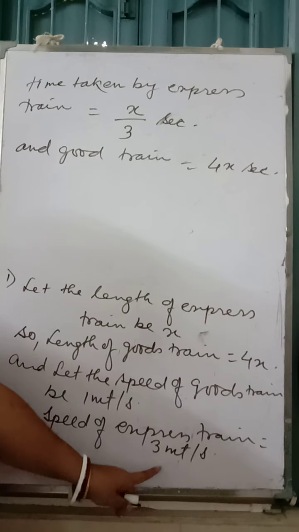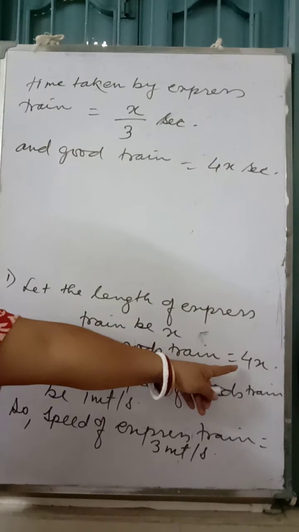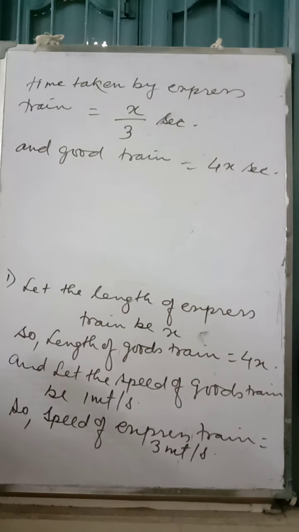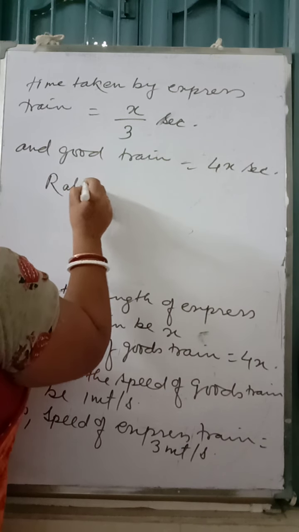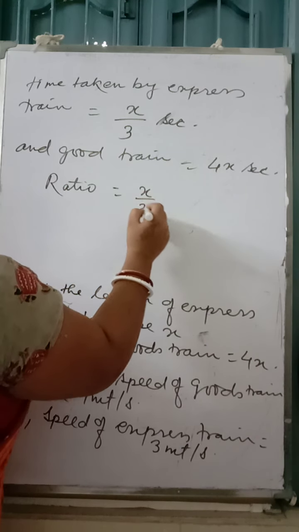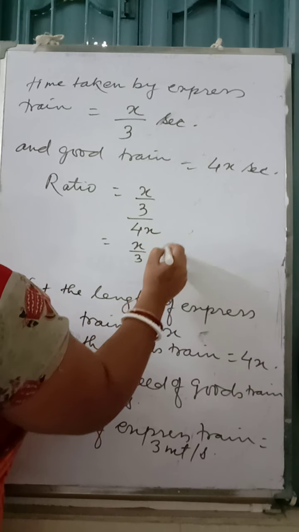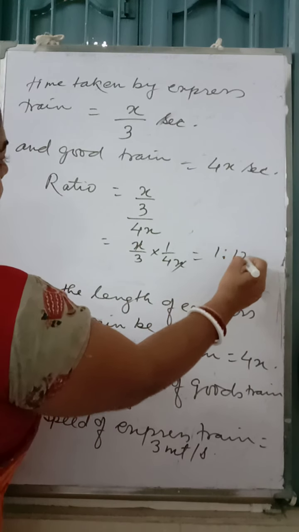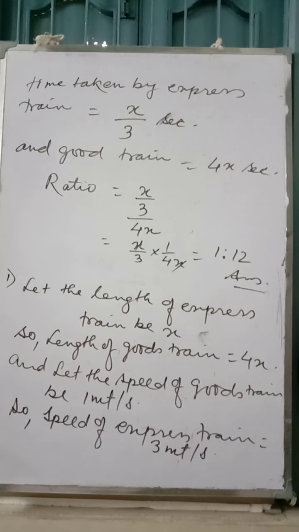So d by s is equal to t. This is distance, this is speed. So this is 4x seconds only. So ratio would be x by 3 by 4x, or x by 3 into 1 by 4x, 1:12. Answer. So you leave it up to question number 5 today.